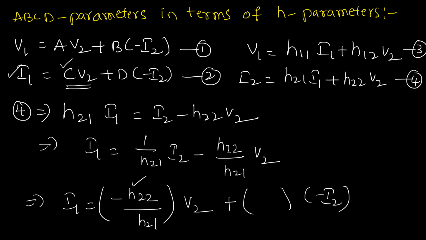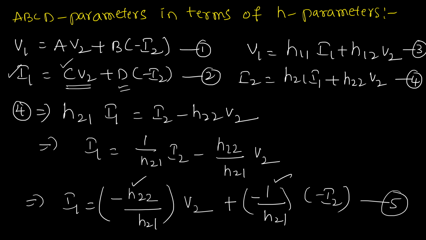If you write minus I2, obviously here you need to put it as minus 1 by H21. Now this portion is nothing but our D. Okay, so in this way we can compare this particular relation. Let us call it as equation 5. You compare this equation 5 with equation 2, then you get the relations for C and D in terms of H parameters.